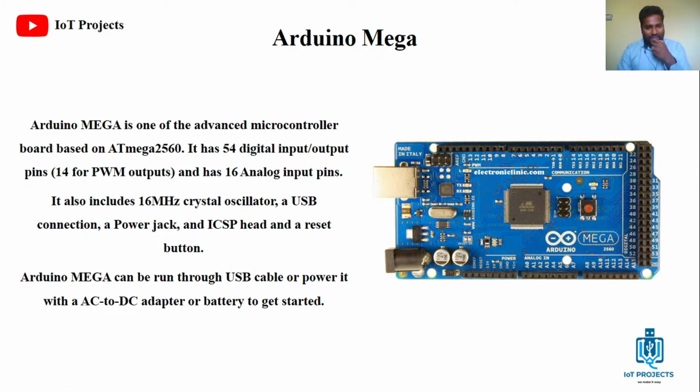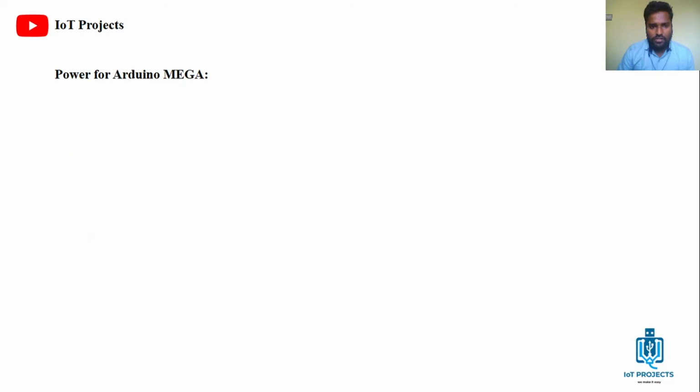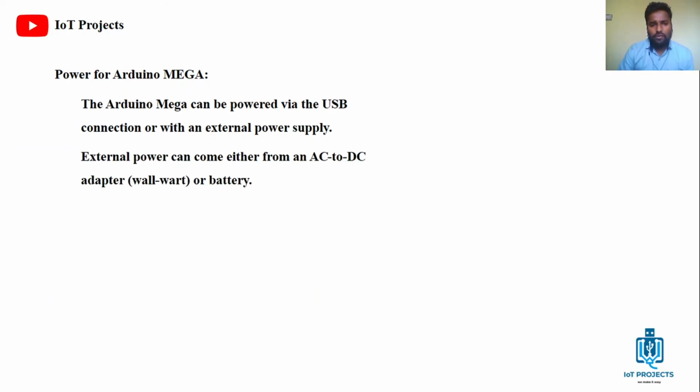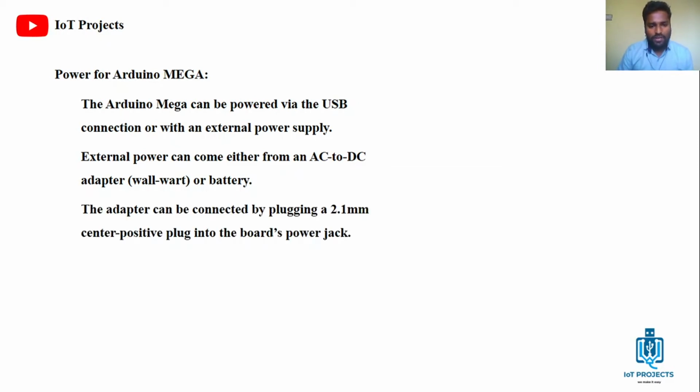So there are two ways of powering the Mega. The first one is from the USB power supply, and the second one is from external power. The external power comes from an AC to DC adapter or from a battery, and it can be connected through a 2.1 mm center positive plug into the board power jack.